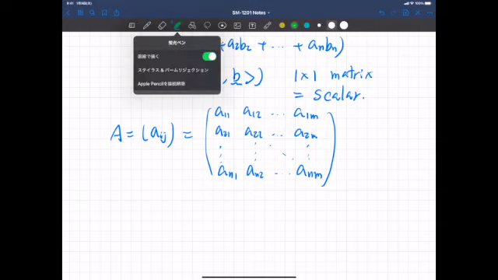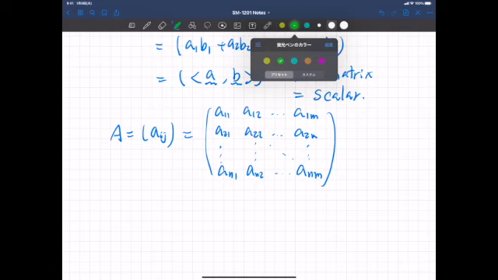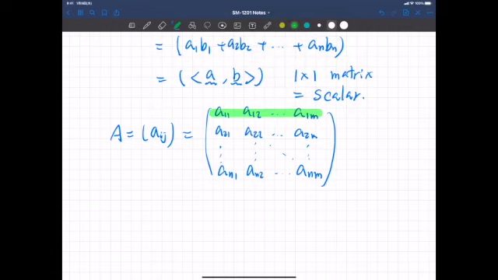Now we consider each row as a vector. So this can be seen as a column vector of row vectors, so to speak.